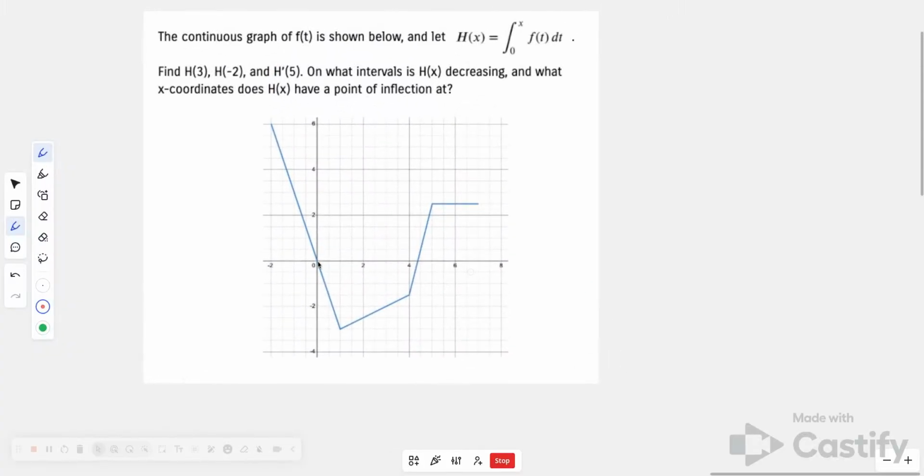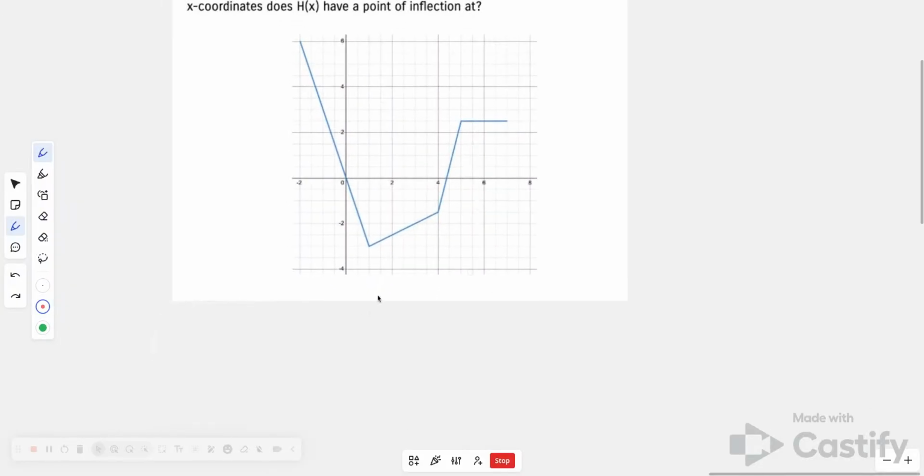So h of 3 is going to be the area that's bounded by the function, the y-axis, the x-axis, and x equals 3 over here. So this is the area that we need to find for h of 3. So we can split this quadrilateral up into a triangle and then a trapezoid.